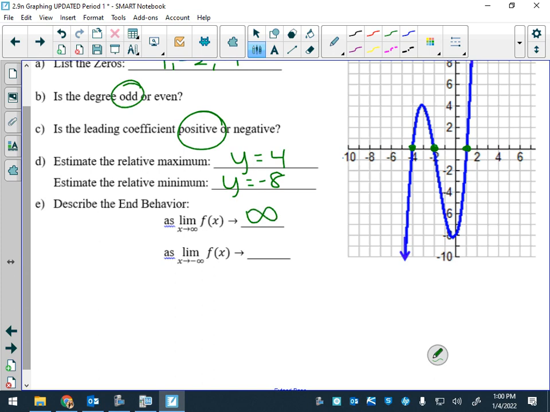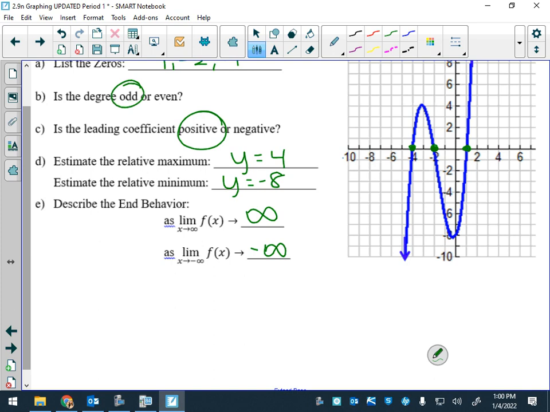As x gets smaller, so as we move to the left, where's my arrow going? Sawyer? Negative infinity. So you have to pay attention to what is being asked, because they could switch. We've seen a lot as negative infinity comes first, but in some practice the positive goes first. So be careful what's underneath the limit. Any questions?